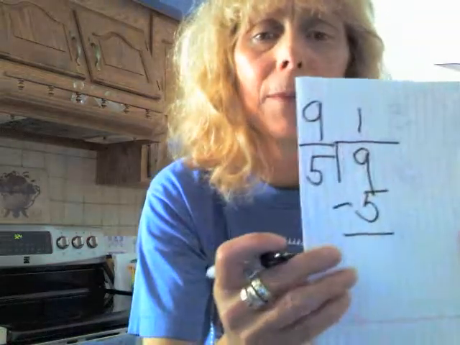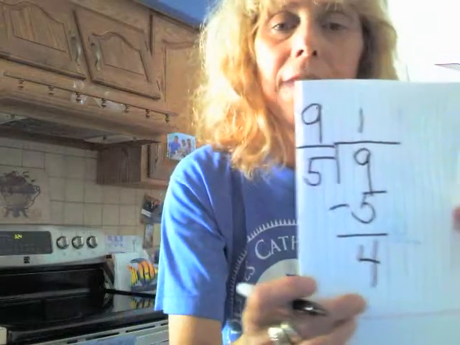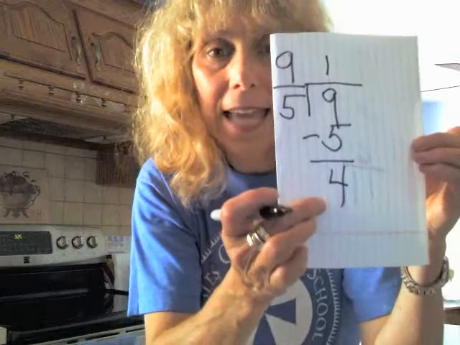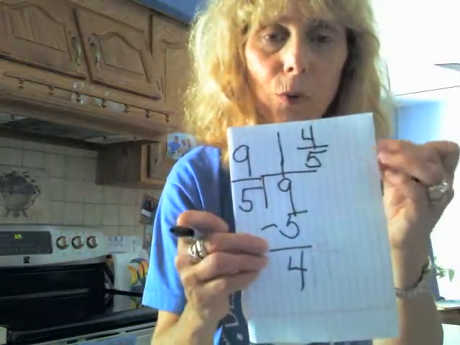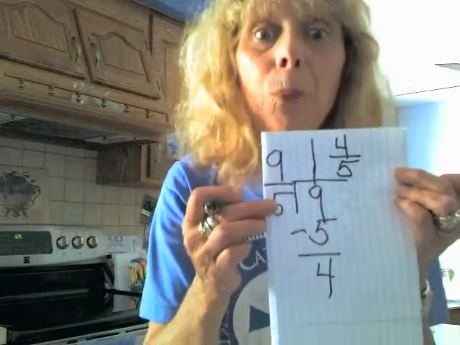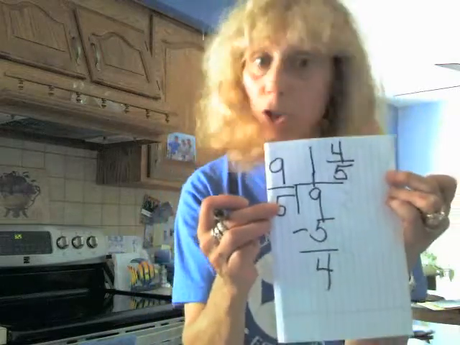5 goes into 9 once. It's just a division problem. And I end up with 4 left over. That's a part. Leftover's part, right? So I take that and put it up on top of my whole. So this fraction over here, which was improper, it's not the way it should be.